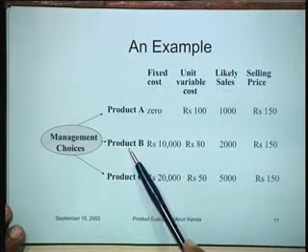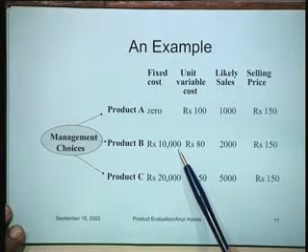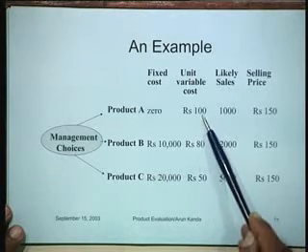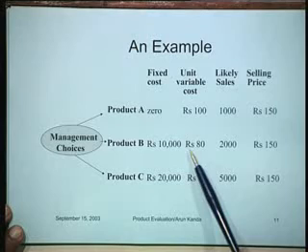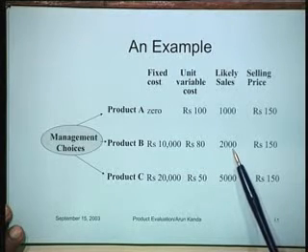Similarly, product B requires that you set up something, so you're required to make an investment to the tune of 10,000 rupees, and the unit variable cost has come down from 100 to 80 rupees, and you can go up to a volume of 2,000.